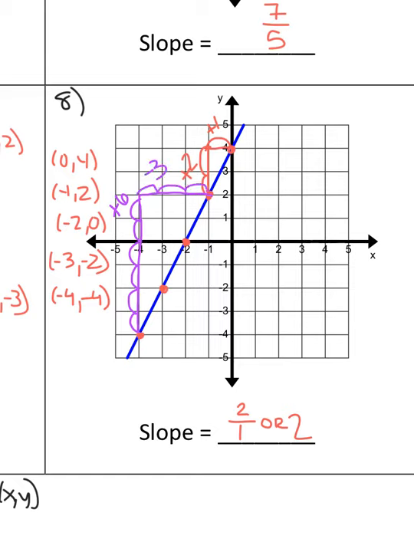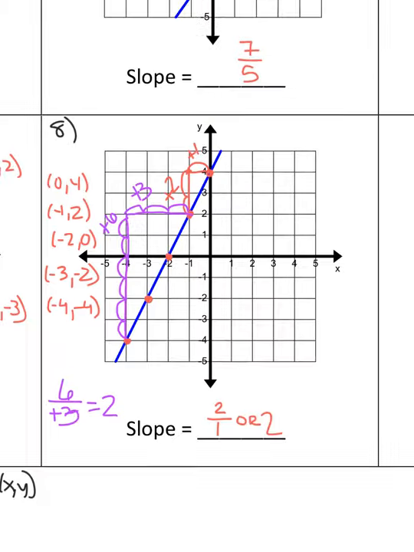All right, so my purple one, I have 6 up and I have negative, not negative. We went to the right, I'm sorry guys. We went up 6, that's positive. We went to the right 3, that's positive. So we went positive, so a positive 6 divided by a positive 3. 6 divided by 3 equals 2, right? So it does not matter which 2 points you pick, the slope will always end up exactly the same.